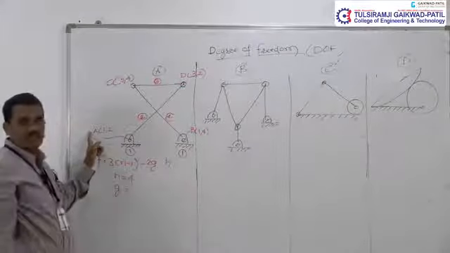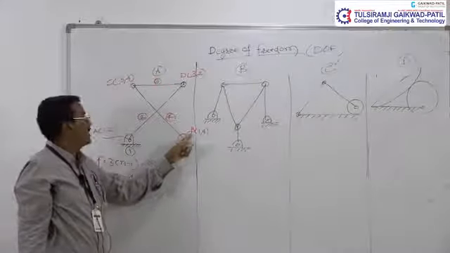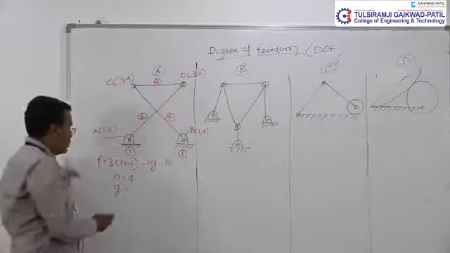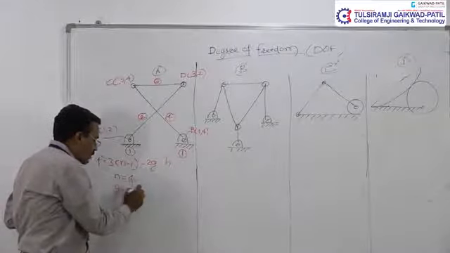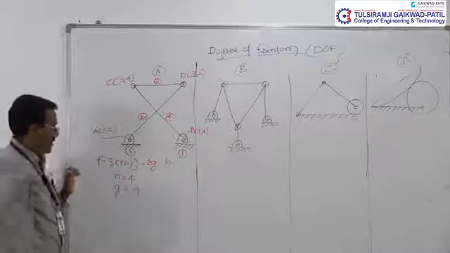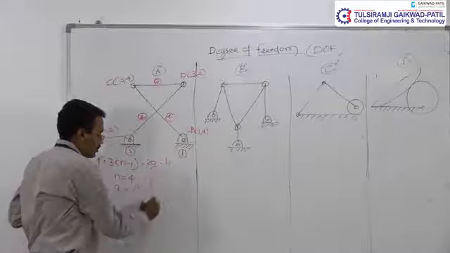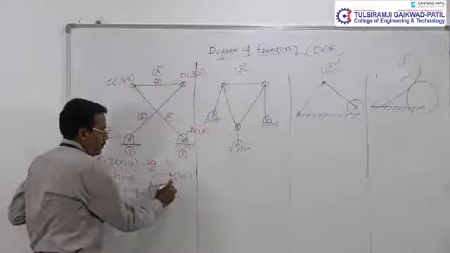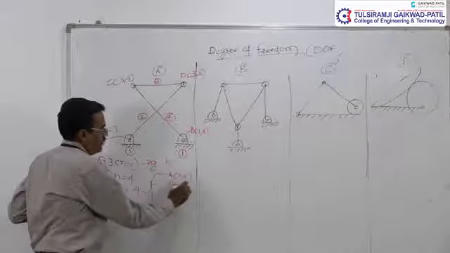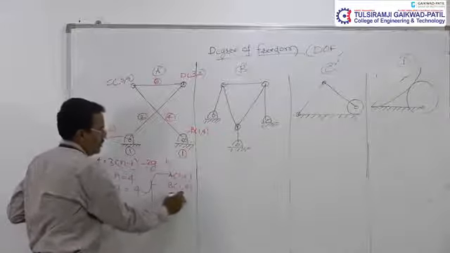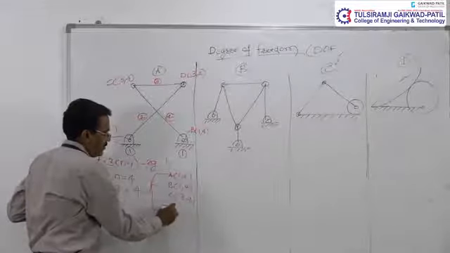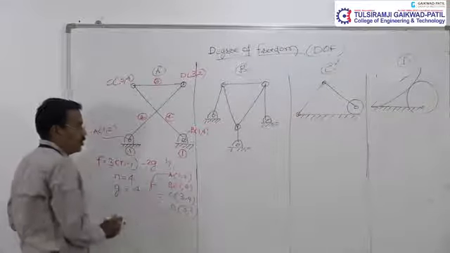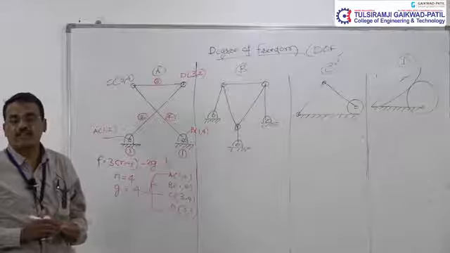A is the first lower pair, B is the second, C is the third and D is the fourth. So the value of g is equal to 4, where A is 1-2, B is 1-4, C is 3-4 and D is 3-2. In this way we have calculated the 4 lower pairs.